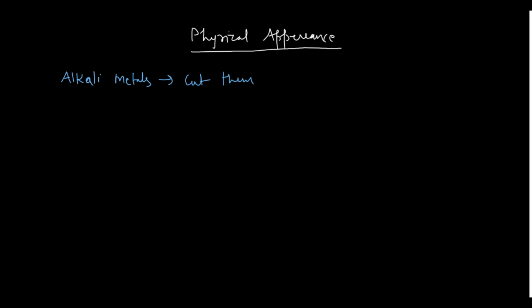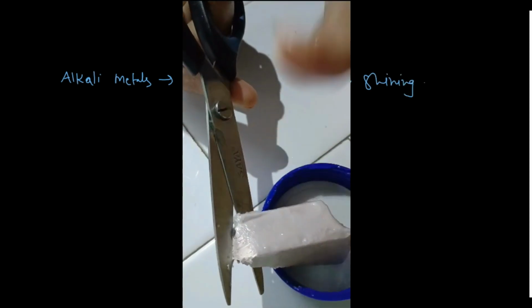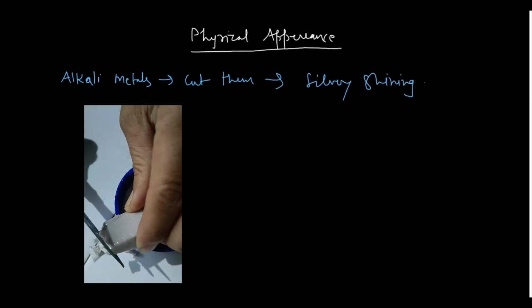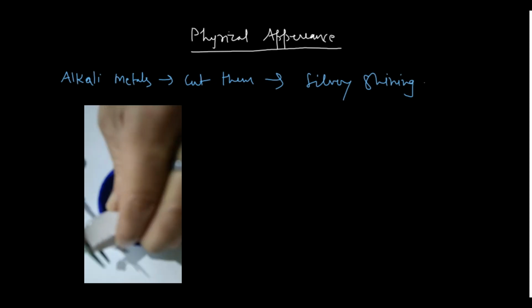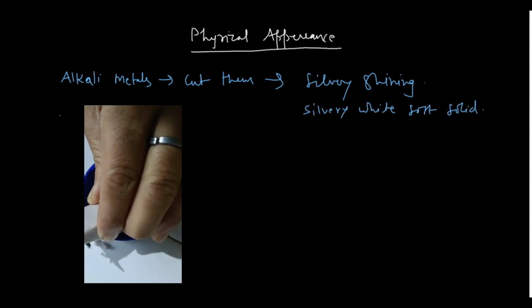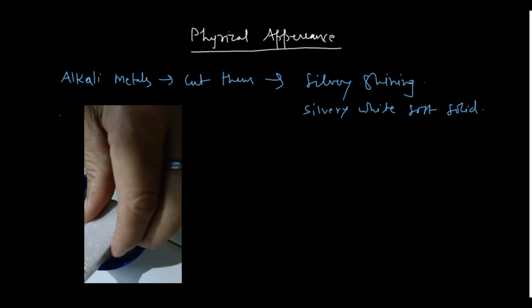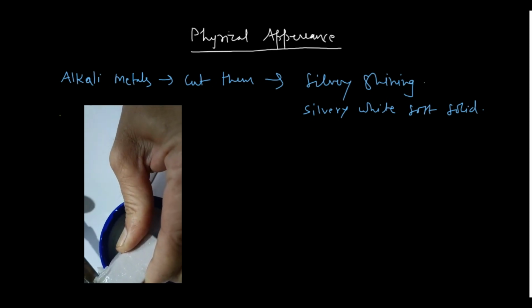You can cut them with a knife or a blade. When you cut them, they give you a silvery shine, that means they shine like silver. Starting from lithium up to francium, they all are silvery white solids, and they are so soft that they can easily be cut with a knife, a blade, or any sharp thing.